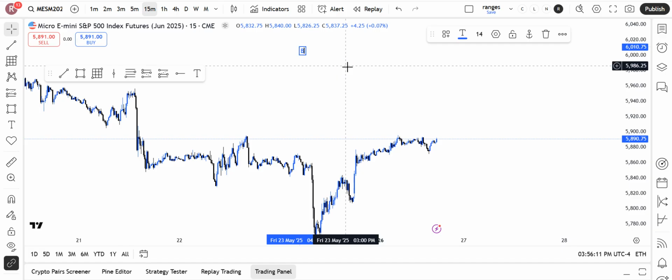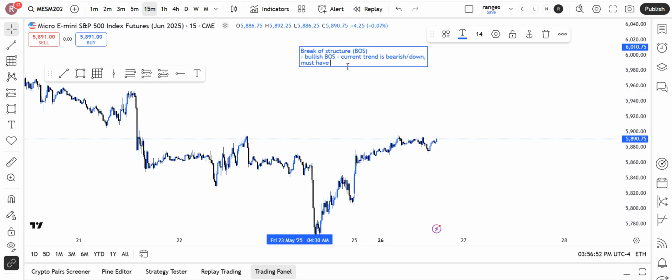Break of structure, I'm going to abbreviate it as BOS. A bullish BOS: current trend is bearish, or down, must have a bullish candle close above the most recent swing high within the current trend.